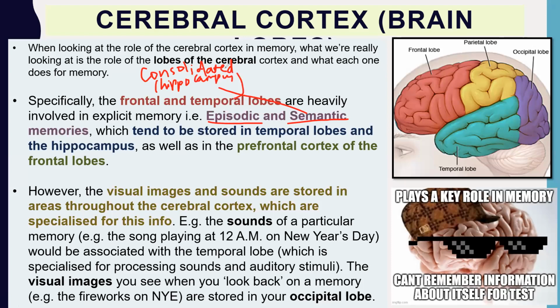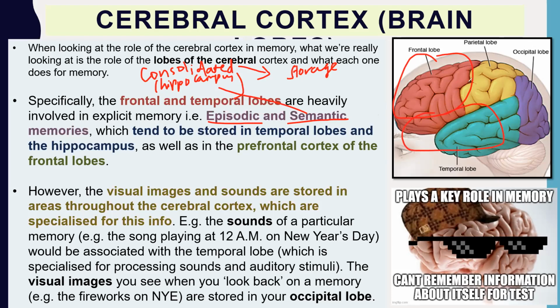So the encoding or the consolidation happens in the hippocampus, but the actual storage site is in the cerebral cortex. Generally, most of our episodic memories tend to be stored in the frontal lobes and the temporal lobes.